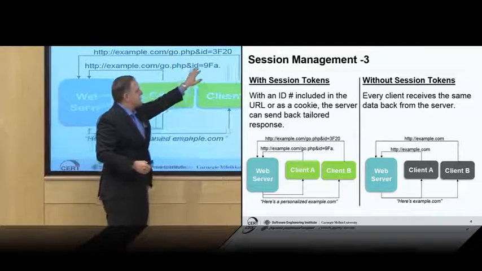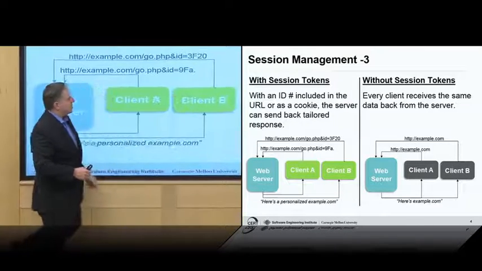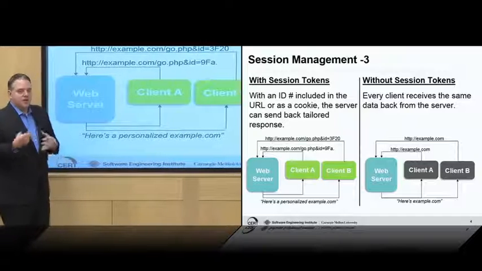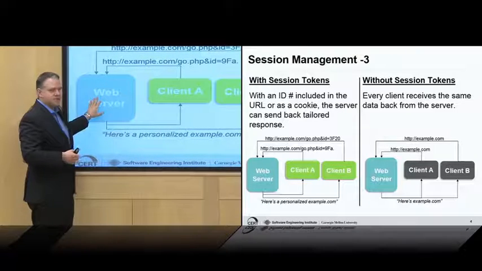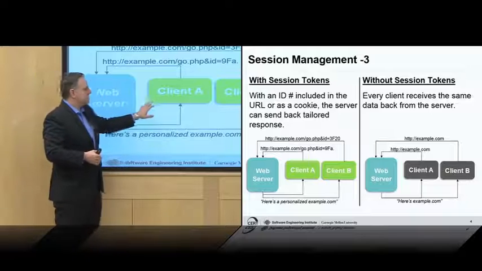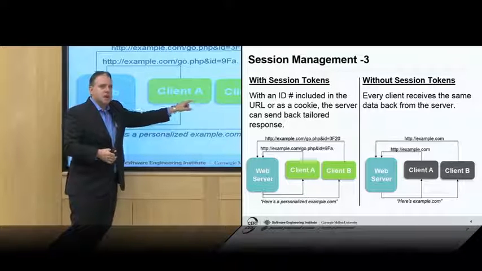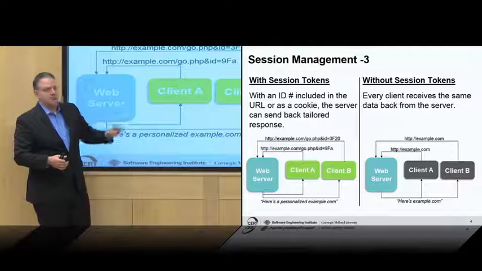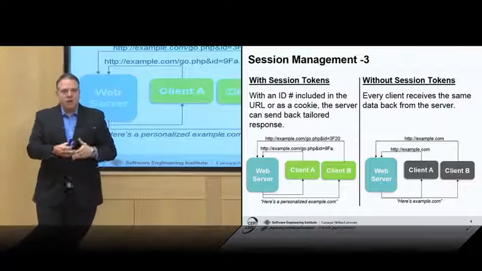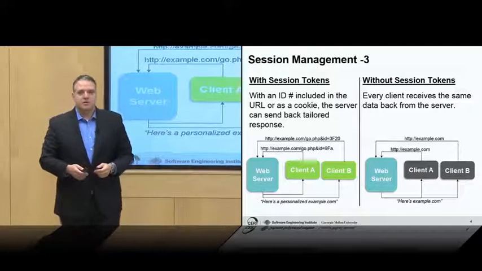Client B, you'll see, has a different ID, 3F20. And so with that ID, the web server recognizes, oh, this is a different person. This is not A, this is client B. Okay, I will give them their copy of example.com with whatever information I preserved through the session.